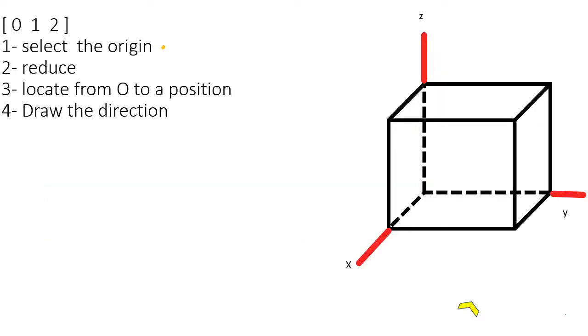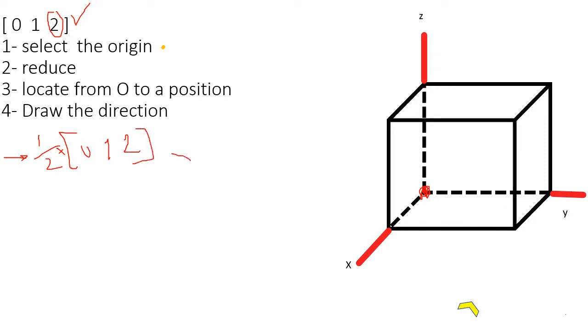So now I'm going to draw this direction. First I should select the origin. This is our origin O, and I should reduce indices to the maximum value of 1. As you see here, we have 2. So for reducing, I will multiply it by 1.5, 2, 0, 1, 2.